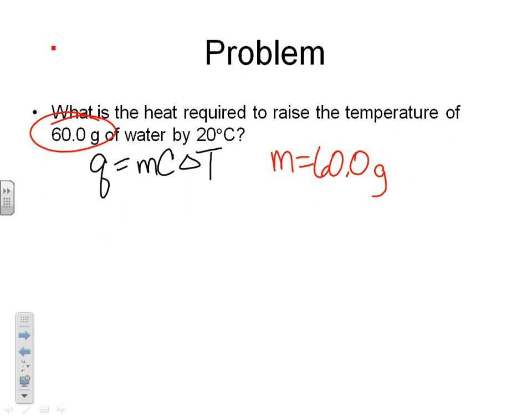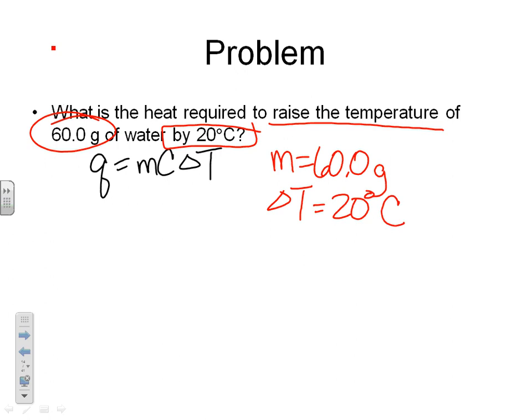We know it's 60 grams. And then by 20 degrees Celsius. So we're raising the temperature of this something by 20 degrees Celsius. That's our change in temperature, right? That's how much we want to change the temperature by. We don't know if we're raising it from 20 to 40 degrees Celsius or from 40 to 60, but we do know that we want to raise the temperature by 20 degrees Celsius.